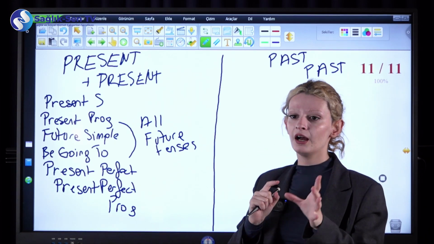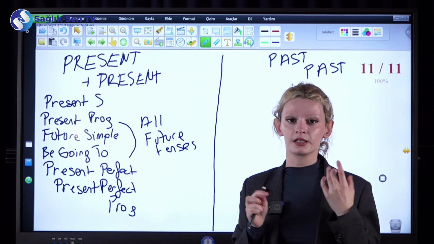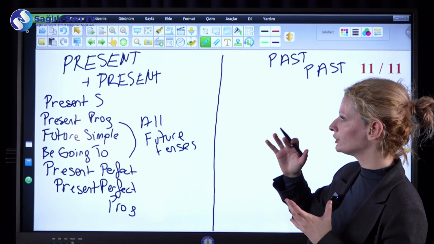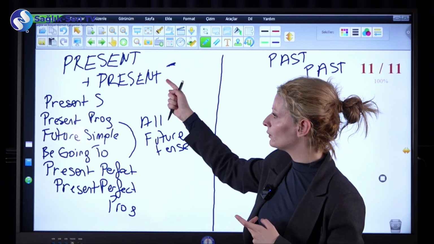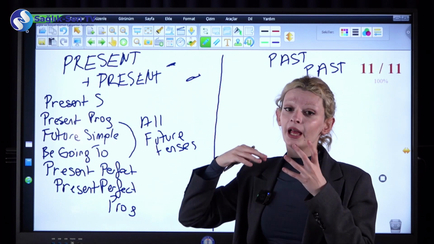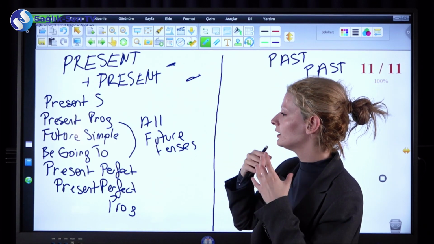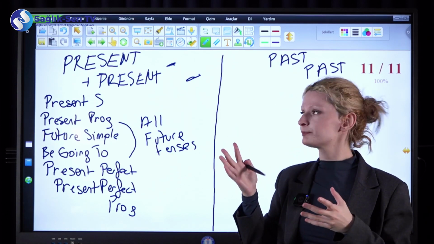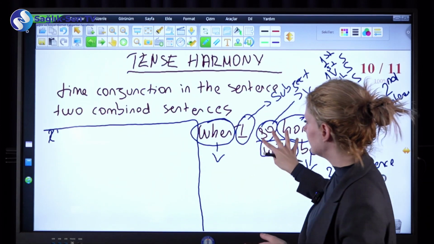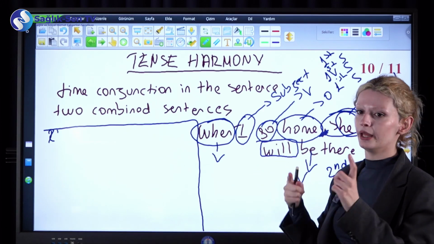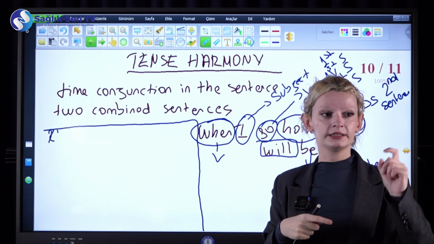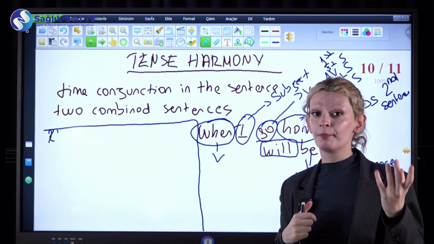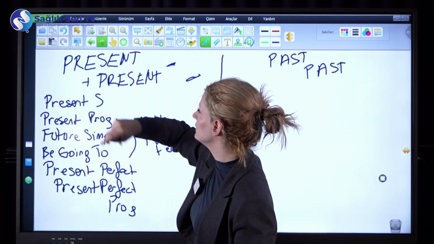If I have a time conjunction in a sentence and I'm combining, as I say, I have to use present tense with a present tense, which means I cannot use a present simple with, for example, past perfect in a sentence like this. It can have when, while, before, after, by the time. We cannot use them together.